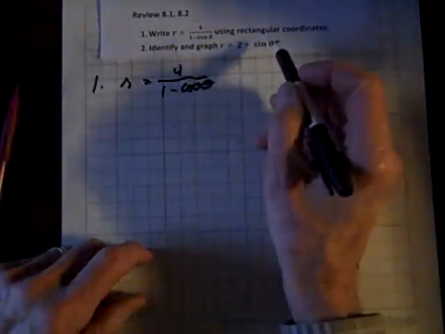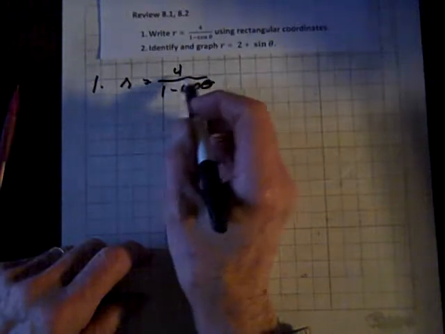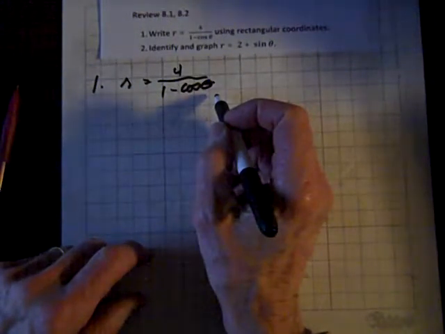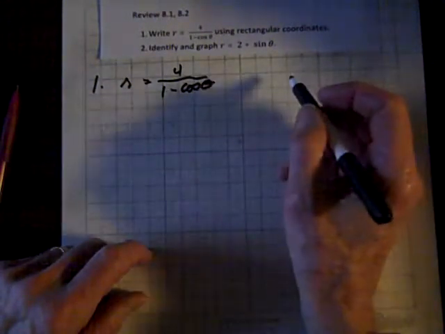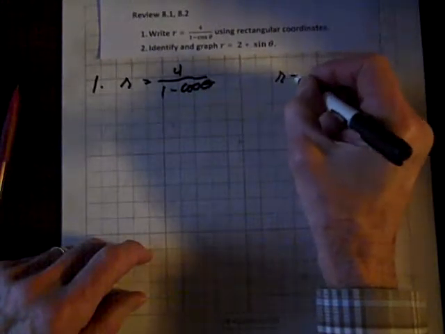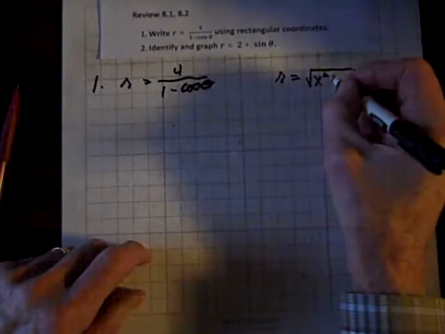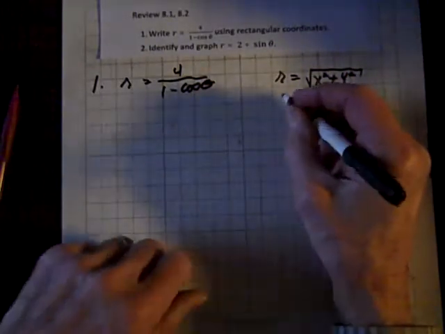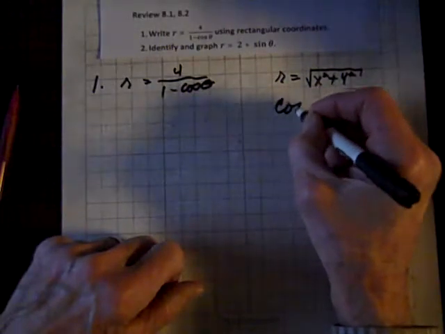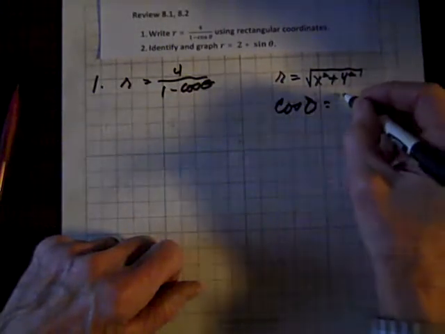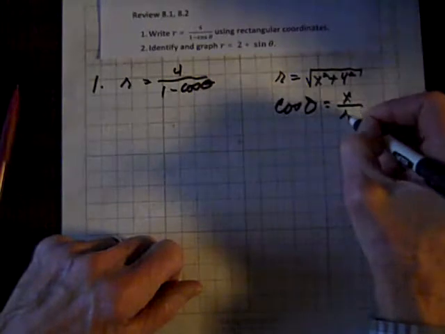Okay, we're doing the review for 8.2, and the first question is: write r equals 4 over 1 minus cosine of theta using rectangular coordinates. Well, we know that r equals the square root of x squared plus y squared, and cosine of theta equals x over r.